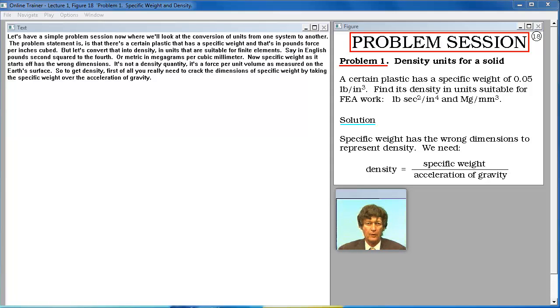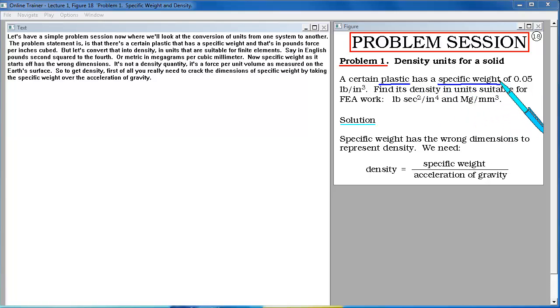Let's have a simple problem session now where we'll look at the conversion of units from one system to another. The problem statement is that there's a certain plastic that has a specific weight, in pounds force per cubic inch. Let's convert that into density in units suitable for finite elements, say in English pound second squared per inch to the fourth, or metric in megagrams per cubic millimeter.